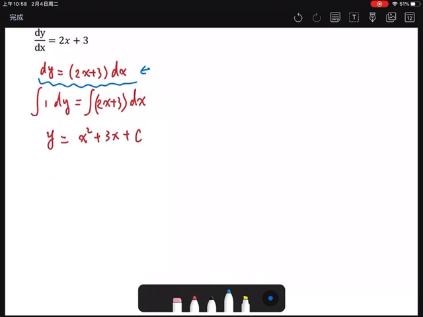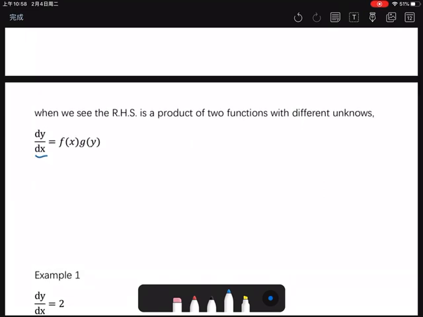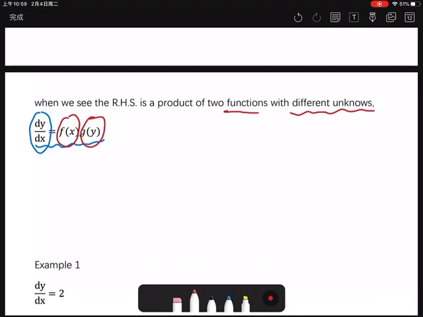Alright, so now we are going to talk about a new kind of differential equation. So this is a differential equation, and look at the left hand side. Left hand side is dy by dx, and right hand side is a product of two functions with different unknowns. Pay attention, it is a product of two functions with different unknowns.